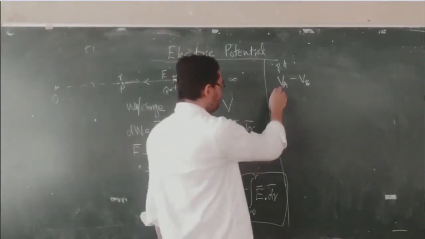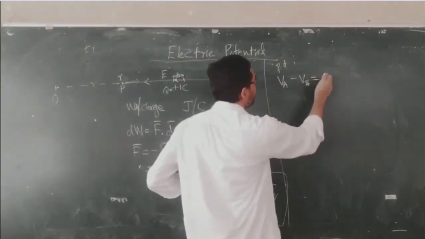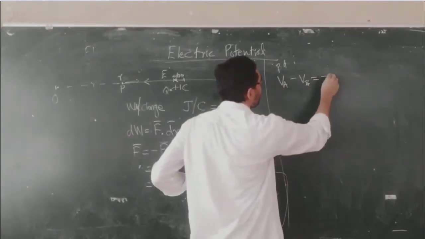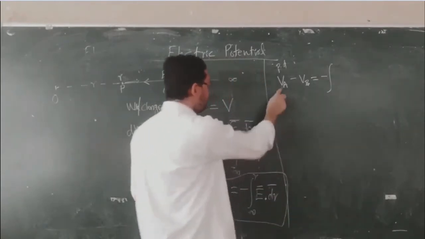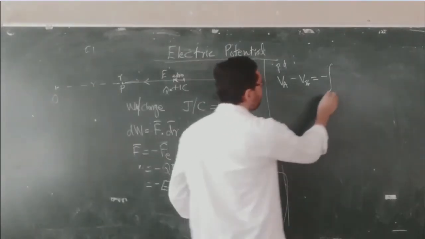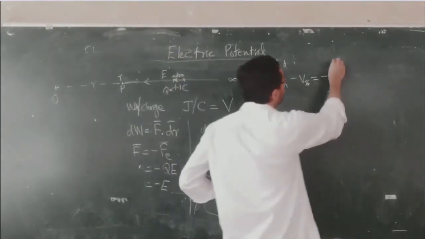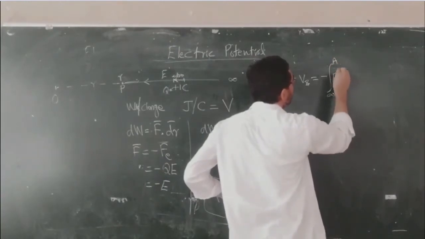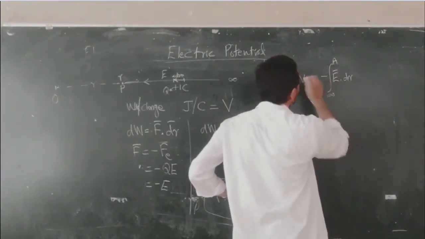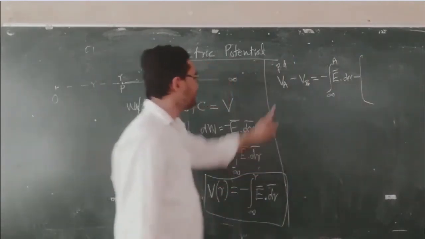Using this expression, VA minus VB can be taken as minus integral from infinity to A of E dot dr, minus VB.